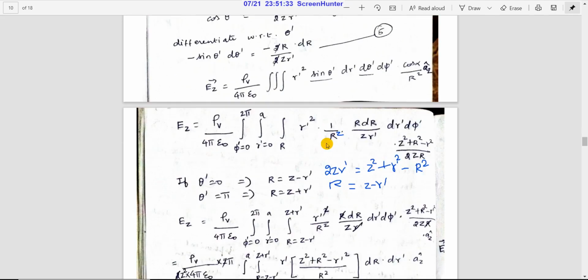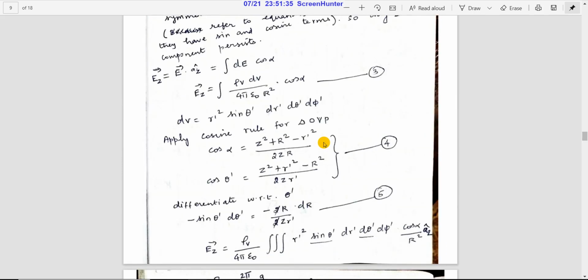Now you just notice that rho v dv divided by 4 pi epsilon naught r square cos alpha is there. So if you substitute this dv value in this equation, then rho v divided by 4 pi epsilon naught is a constant, it can be taken out, and cos alpha divided by r squared is there, and dv has been written like this here, so we can substitute that value also.